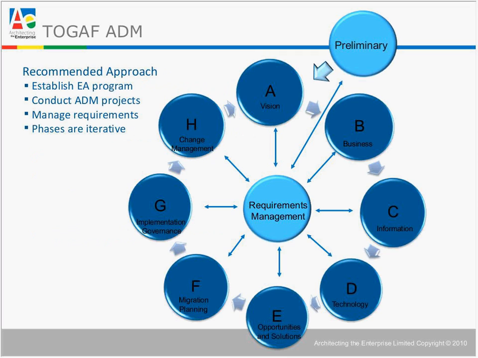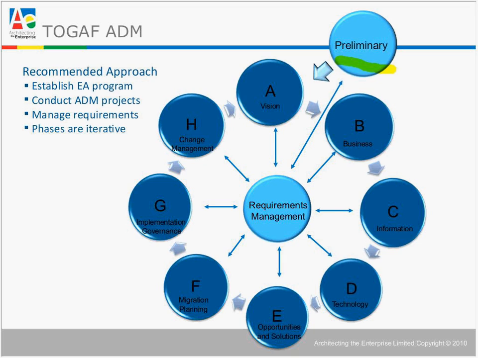So, the core of TOGAF. I mentioned process a couple times before, and really the core of TOGAF is the architecture development method, or as we usually refer to it, the ADM. What we're doing here is establishing the program in the preliminary phase.